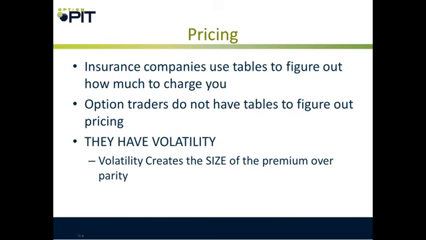So insurance companies use tables to figure out how much to charge you. They look at their risk pool and they look at how much it costs for you, and where you fall on the risk table, and they give you a price.